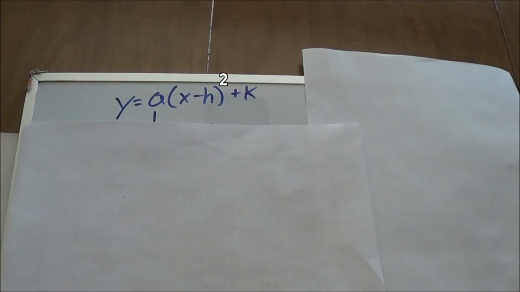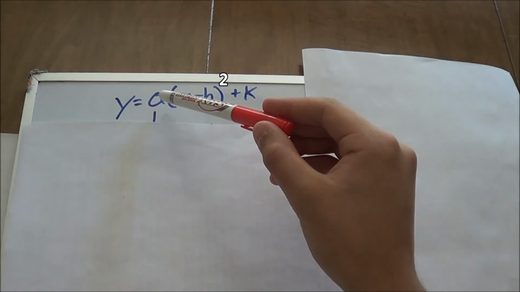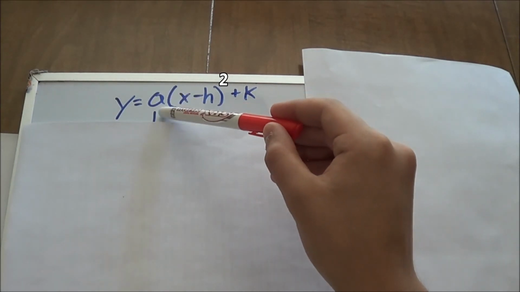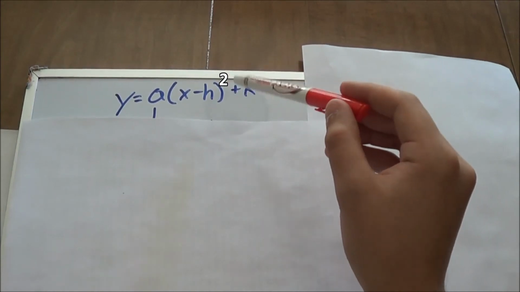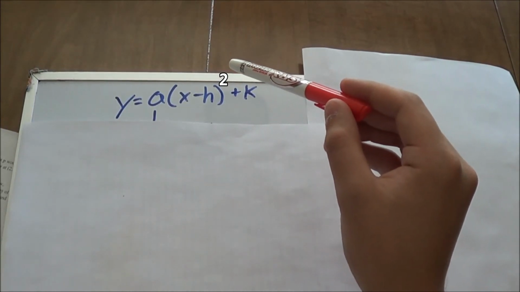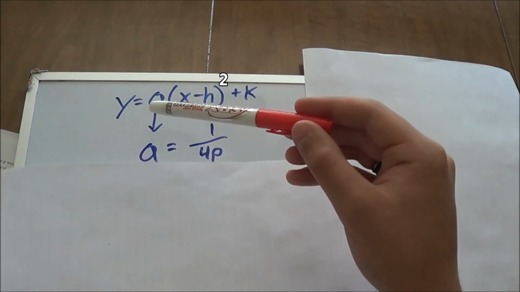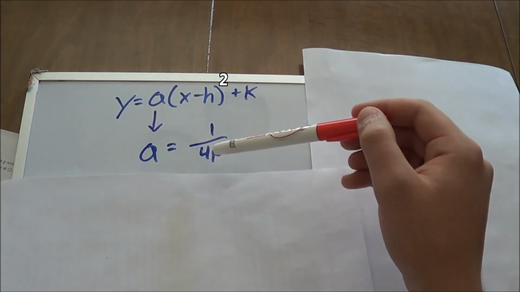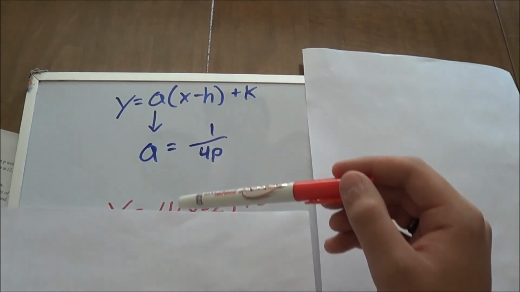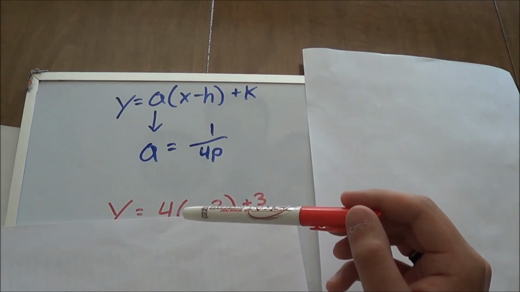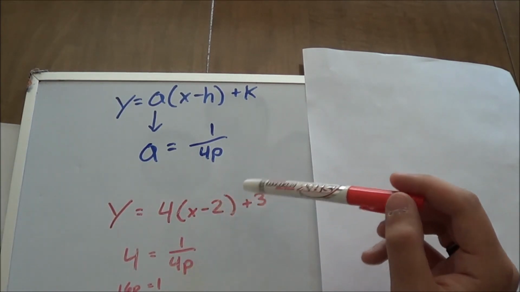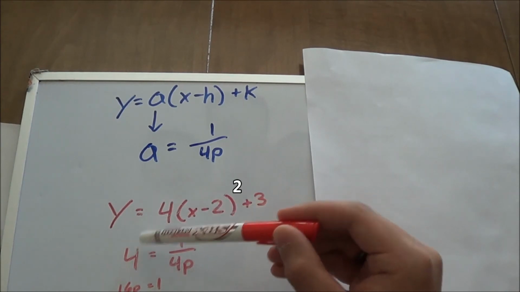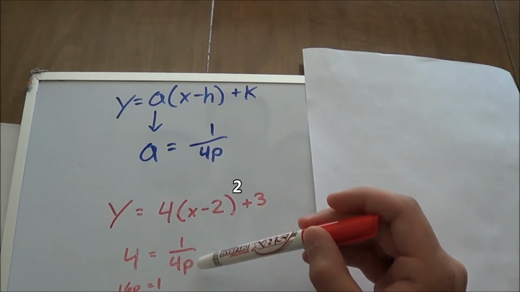To find this distance p, we take the growth factor of our graphing equation, that is, the a of our a times x minus h squared plus k. The easiest way to find p is to remember that 1 over 4p equals a. So, if your equation is y equals 4 times x minus 2 squared plus 3, you set 4 equal to 1 over 4p.